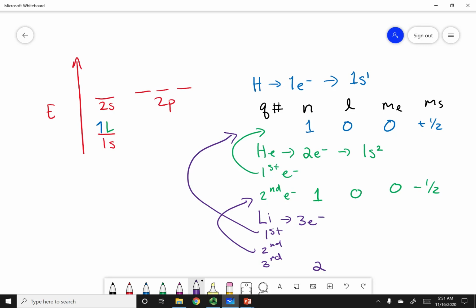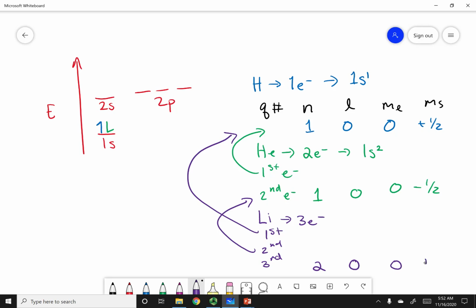So I'm going to put a 2 for my n value. Now, according to this diagram, the 2s orbital and the 2p orbitals are at the same energy level. They are degenerate. However, what experiment shows is that I will always put this third electron in the 2s orbital, meaning I go to l equals 0, and m sub l is going to be 0 as well.